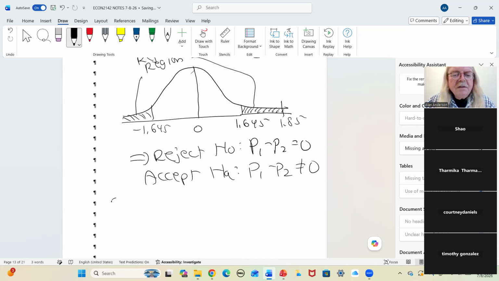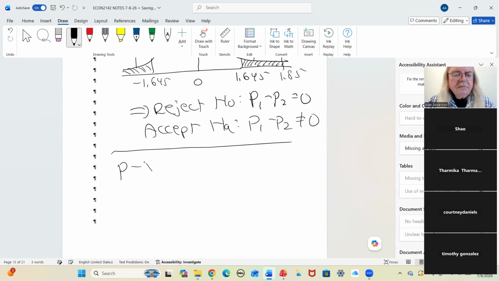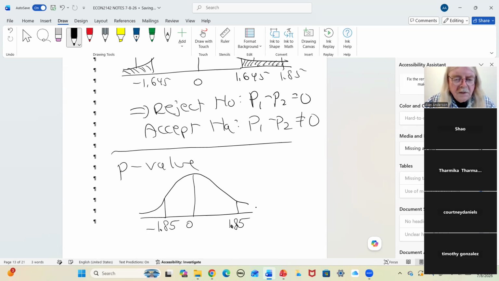And had we chosen to do a p-value, the test statistic was 185, but we have a two-tailed test here, which means we need both tails. So everything outside of the test statistic is the p-value.